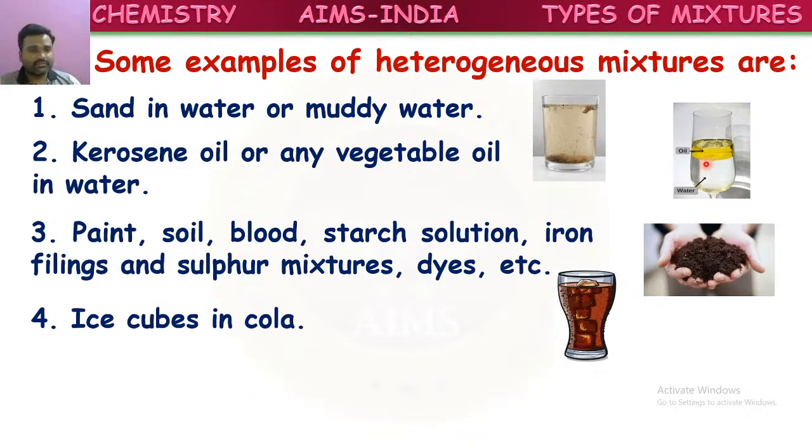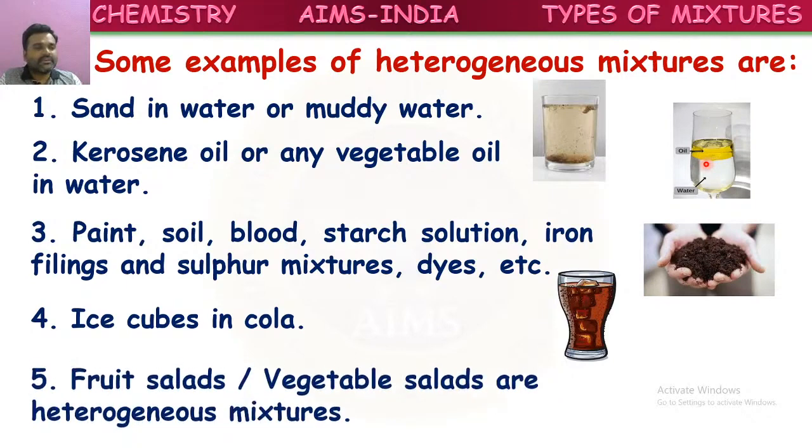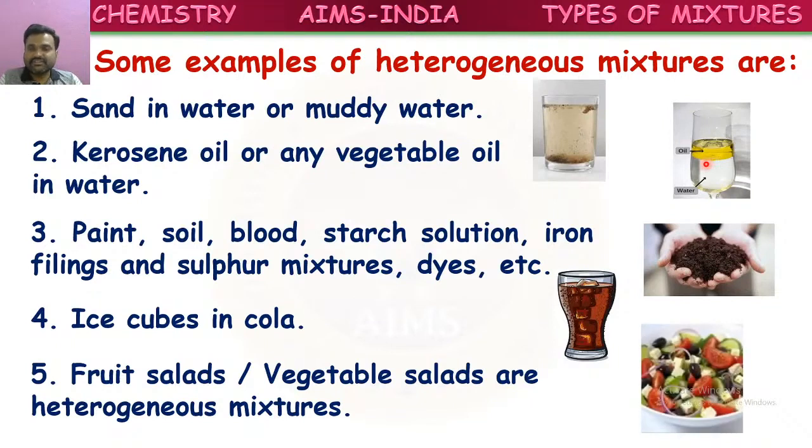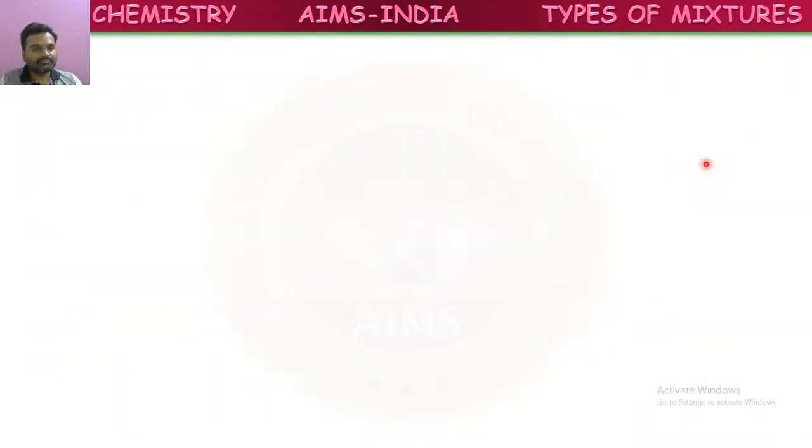So there is a difference in the two components' visibility. Hence it comes under heterogeneous mixture. Next, as we discussed earlier, salads like fruit salads and vegetable salads come under heterogeneous mixtures because in these salads we can see the components clearly, and the components have visible boundaries. They can be separated easily by washing.